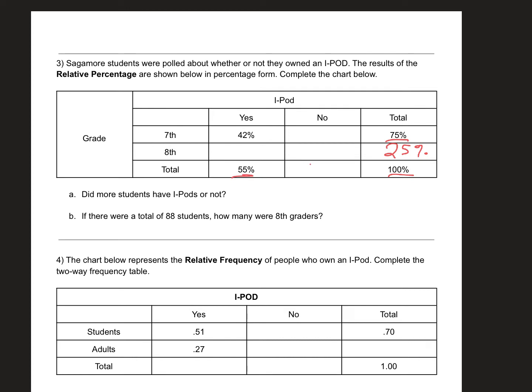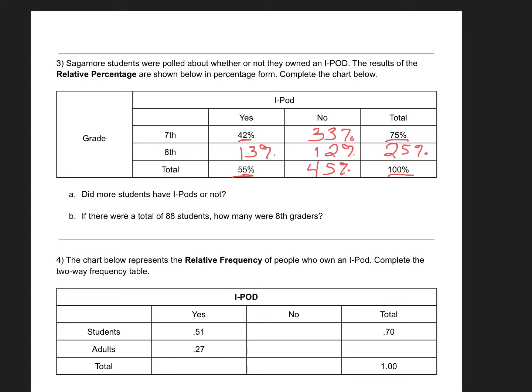I need to get 100. The other part must be 45. Here I have 42, and I need to get to 75. So that must be 33. 33, and I need to get to 45. Means this must be 12%. 12, I need 25, so this must be 13%.